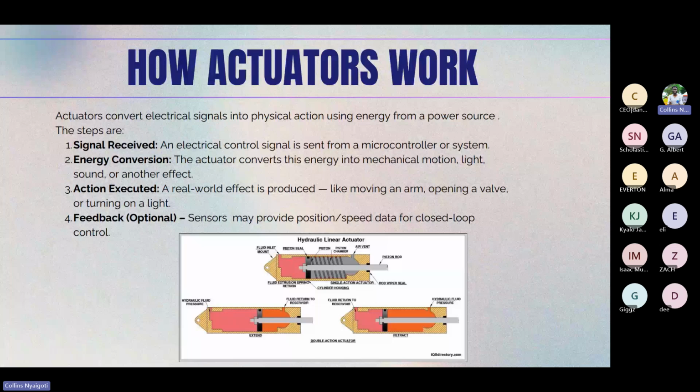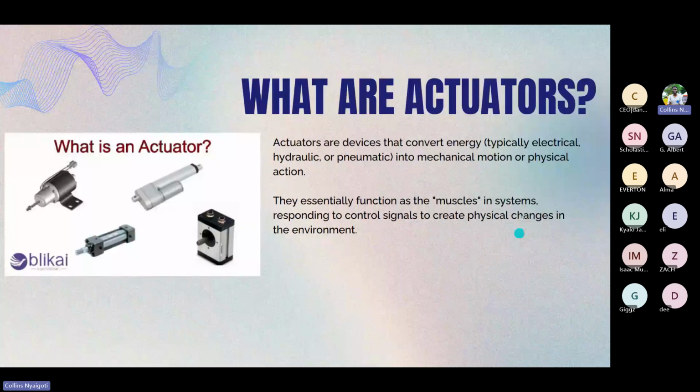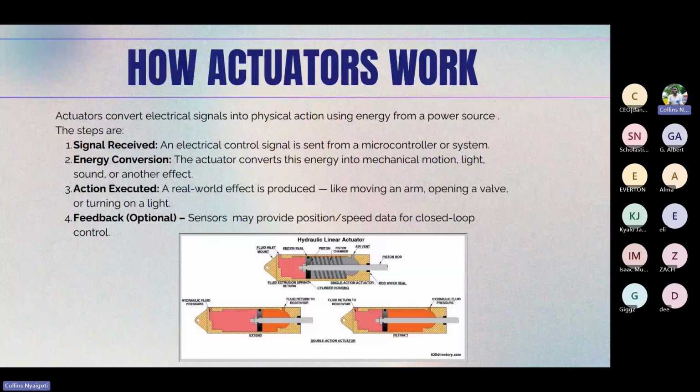If it's a mechanical actuator, they convert it to mechanical motion; if it's an LED, it converts it to light, sound, and other effects. It's not only physical motion, it can be light, sound, anything that interacts with the environment. When a motor rotates, an action is executed in the real world.